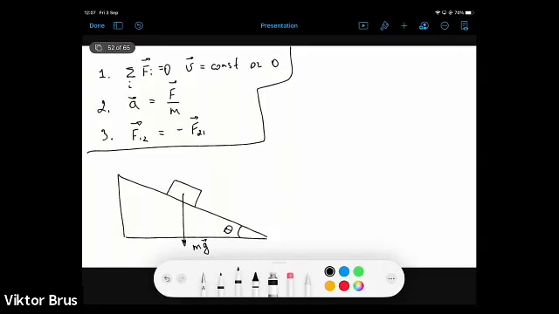It is convenient to use a system of coordinates where axis y is perpendicular to the surface of the inclined plane, and axis x is going along the surface of the inclined plane.